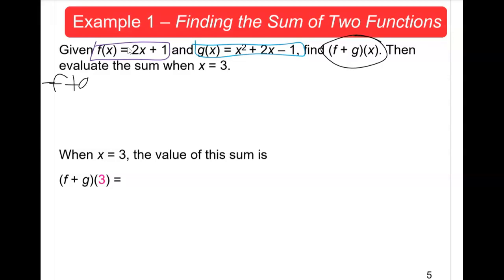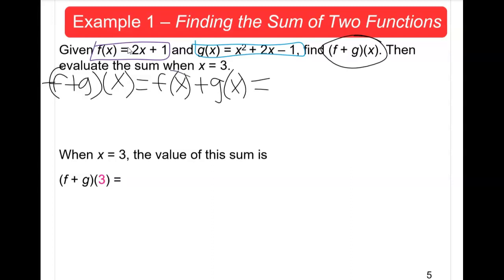So f plus g of x equals f of x plus g of x. So we're going to write down first function f, which is 2x plus 1. And then we're going to add function g, which is x squared plus 2x minus 1.